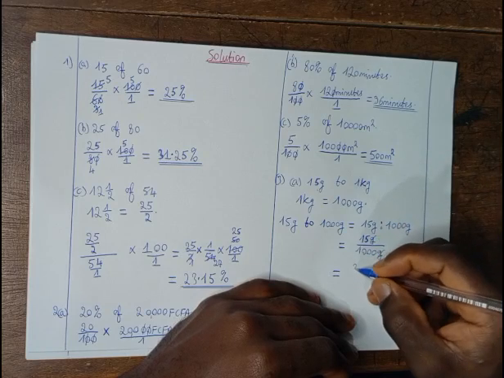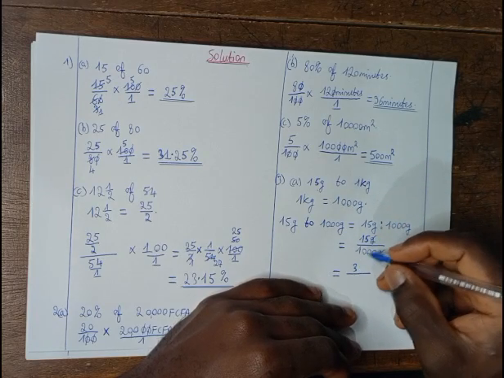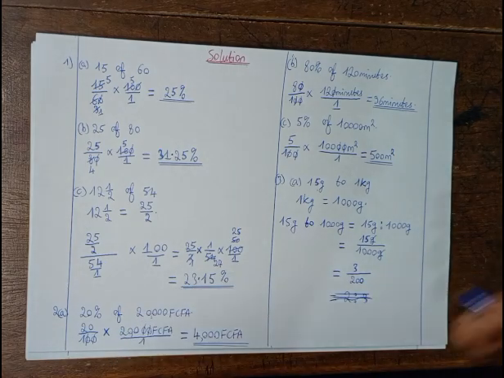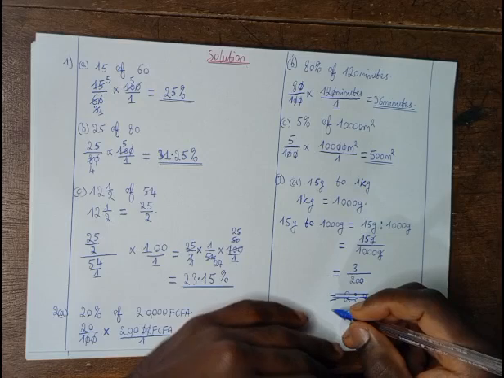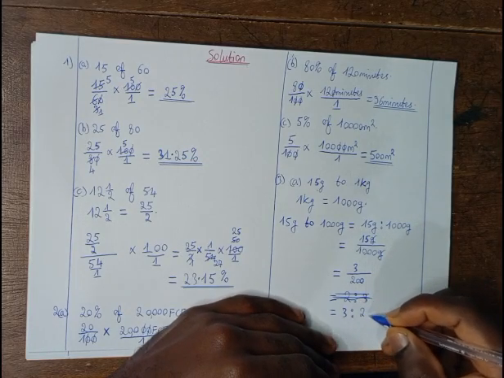5 will go into 15 3 times. 5 will go into 1000 200 times. This will simply give us 3 is to 200.